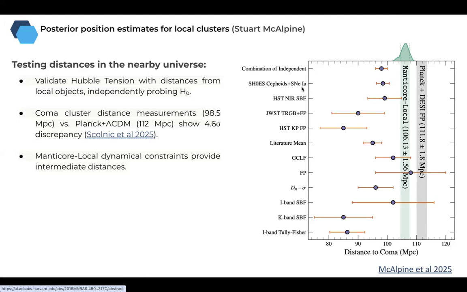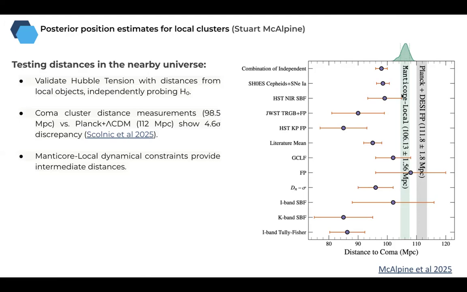The SH0ES Cepheids and supernova Ia data are here, and the combination of all these has been presented by Dan Scolnic. I just want to put in relation our Manticore results, which are in between the results obtained by Dan in the local universe and the actual Planck distance estimates, where the Coma cluster should be if we had the correct distances and assumed the Planck cosmology.